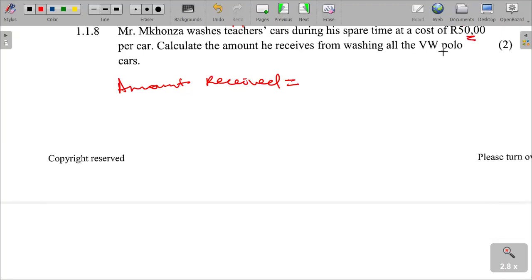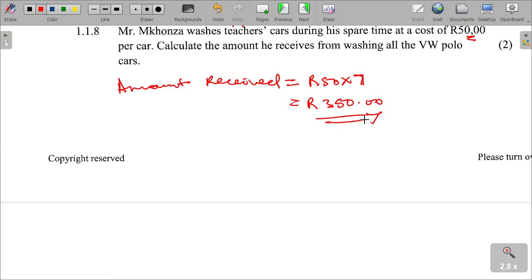So the amount received is going to be 50 rand times 7, which is going to give him 350 rand. That is the amount that he can receive on washing all the polo cars.